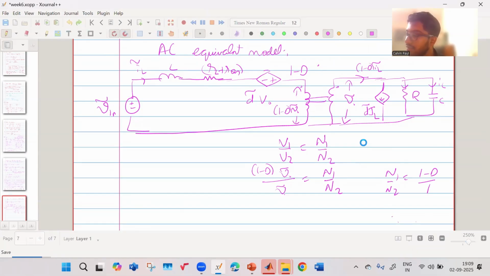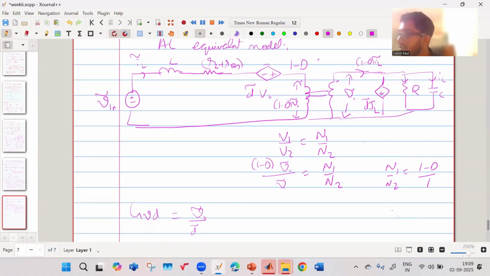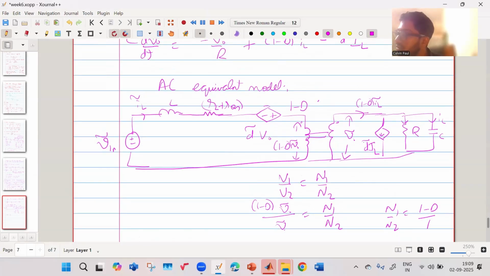You want to find your GVD. So GVD is what? Your V output perturbed by D perturbed, right? So in this case, what perturbations should we set to 0? Actually, I forgot to add one thing. We will have a current source, a current load, that is your I output perturbed, okay?